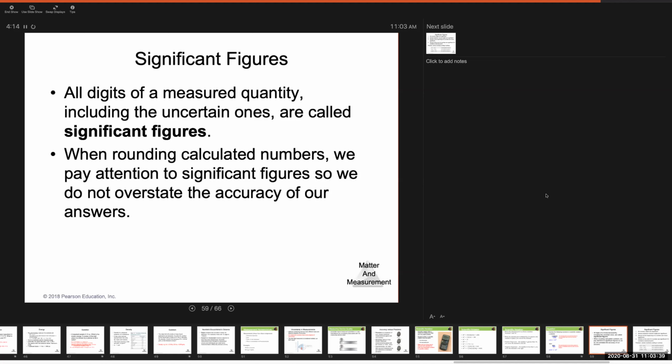The ones on the left, the lower ones, are called top loading balances. If you look at those balances, you get 3 digits past the decimal. The other 3 balances on the right, the ones with the glass enclosure, are called analytical balances, and those give you 4 digits past the decimal place.